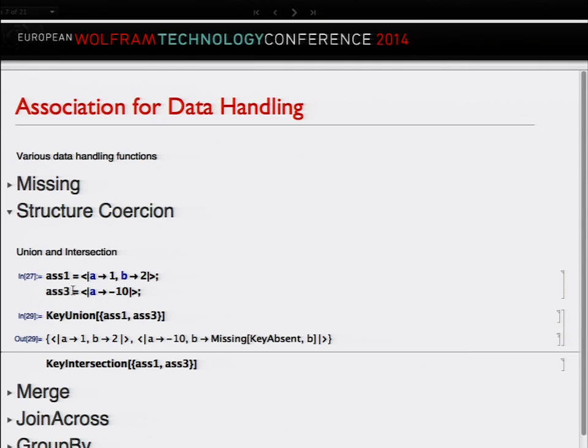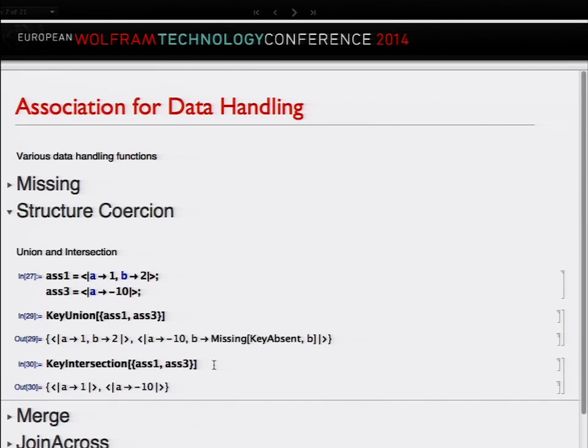So in this one, which is missing the B key, it adds a Missing. Sometimes that's a useful thing to have. When you're programming, you probably don't need that, but when you're doing data handling, this sort of thing is useful. And then there's the same sort of thing with Union and Intersection.